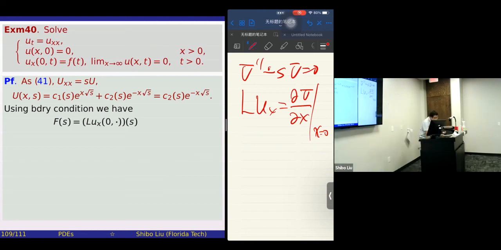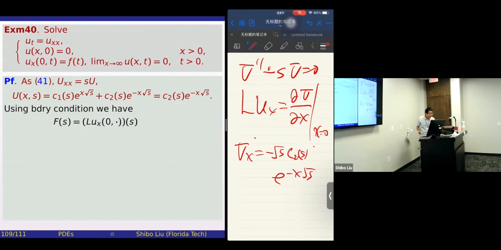You see that u_x equals C2(s) times the exponential. Oh, sorry, I am wrong. This is not true. Our derivative is with respect to x, not s, therefore this should be minus square root of s times C2(s) e to the minus x square root of s.